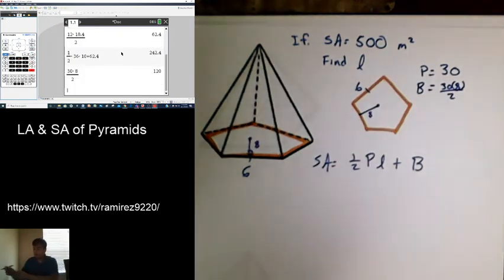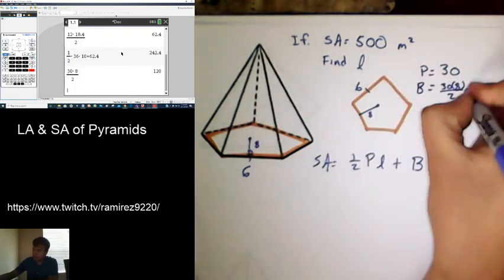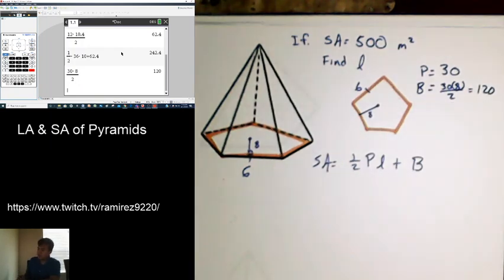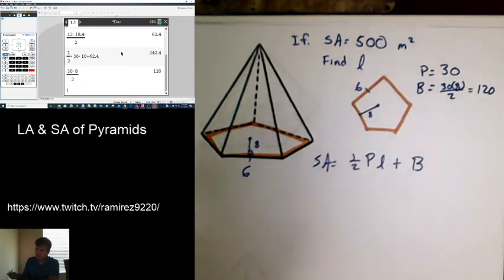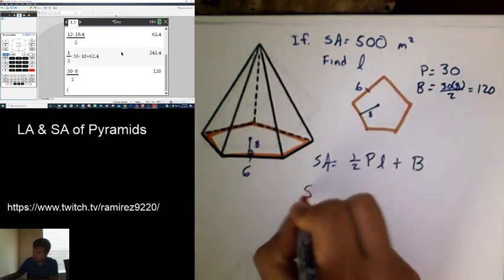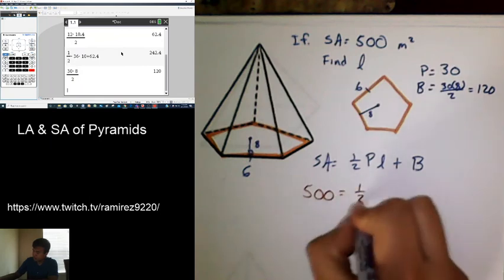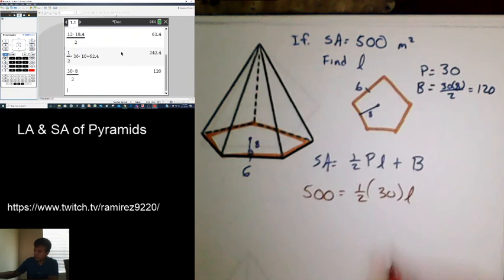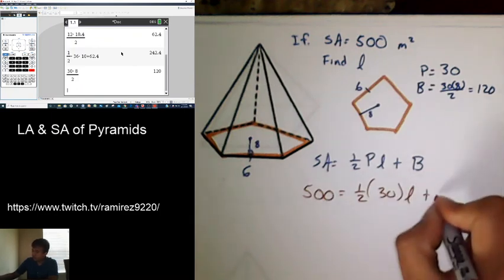If you don't know why I'm using this formula, go back and look at how to find the area of regular polygons. And now I just substitute everything I know. Again, surface area was 500. 1/2, my perimeter is 30. I don't know what L is, I could call it X. And big B is 120.